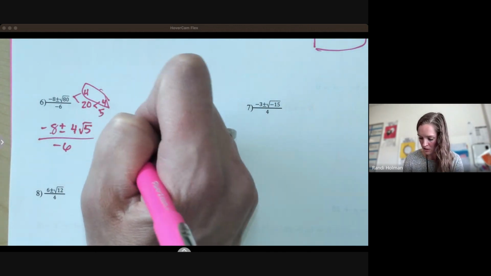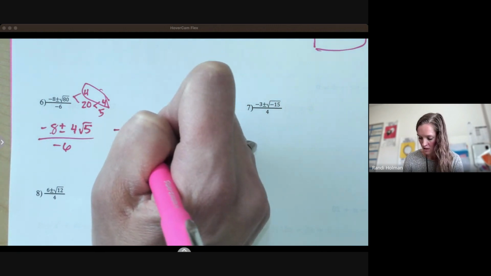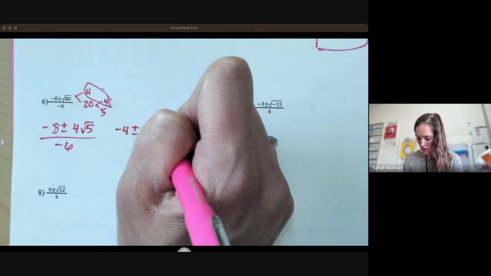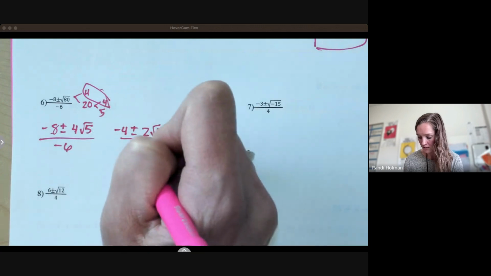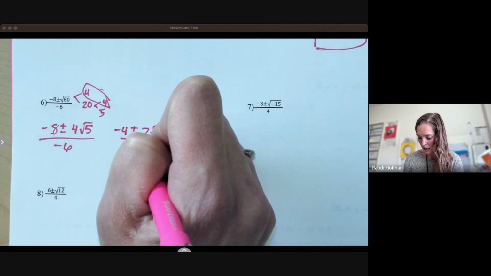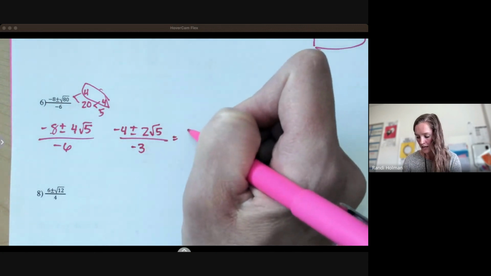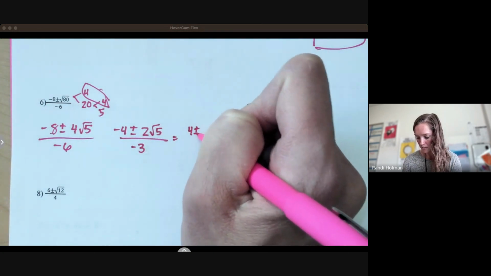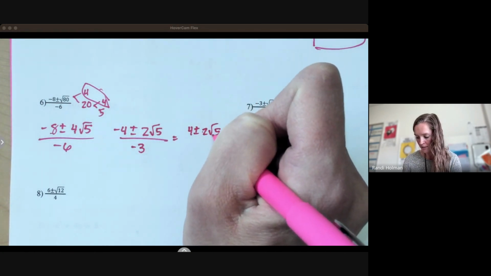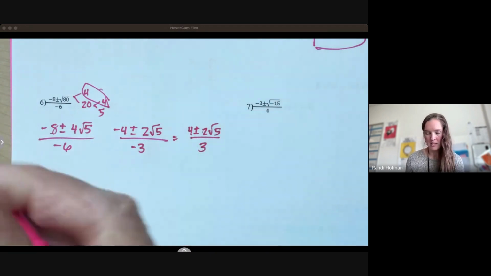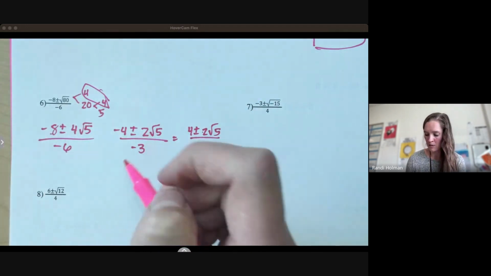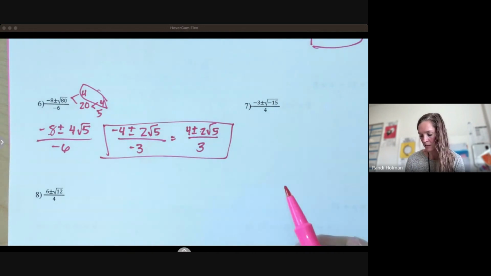So 8 divided by 2 is 4. 4 divided by 2 is 2. And 6 divided by 2 is 3. We could leave it there. You might also see this as 4 plus or minus 2 root 5 over 3, because if I change all of the signs, I'll get the same thing. So either one of those is an acceptable answer there.